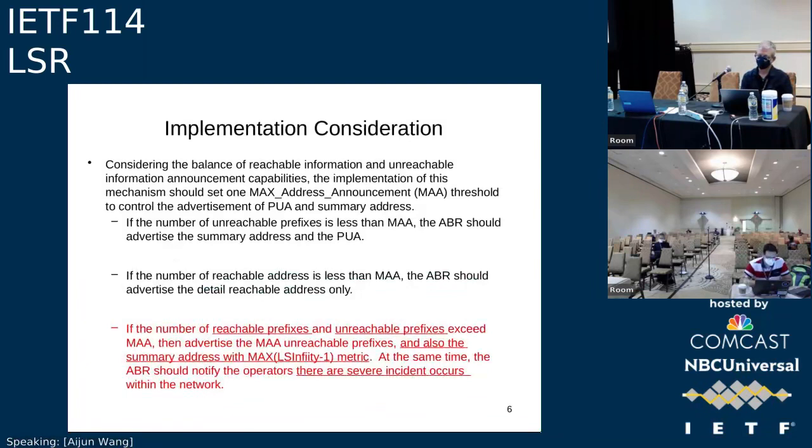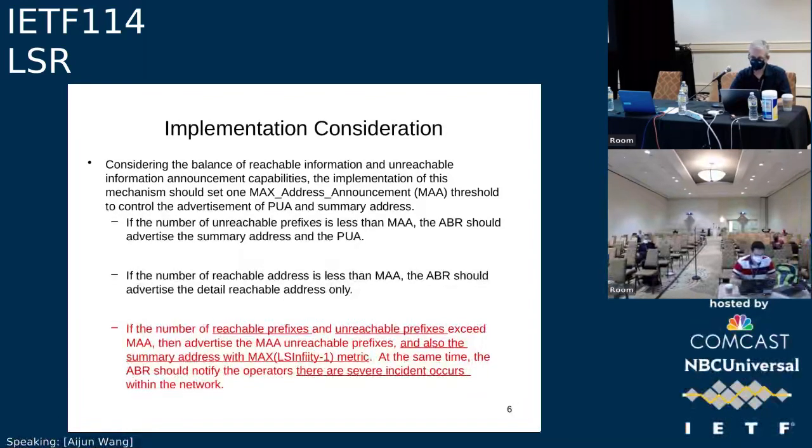We also made some updates for the implementation considerations. As I mentioned previously, we must control the advertisement of such messages within the area. So we define the maximum address announcement threshold, MAA, to control the advertisement of the PUA and the summary address. If the number of unreachable prefixes is less than the MAA, then the ABR should advertise the summary address and the PUA. If the number of reachable addresses is less than the MAA, the ABR should advertise the detailed reachable addresses only.